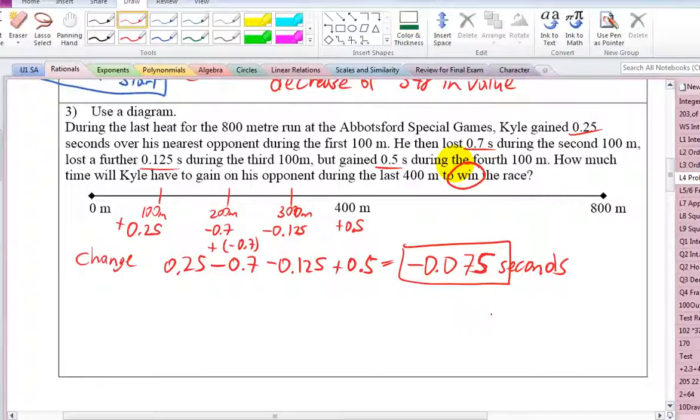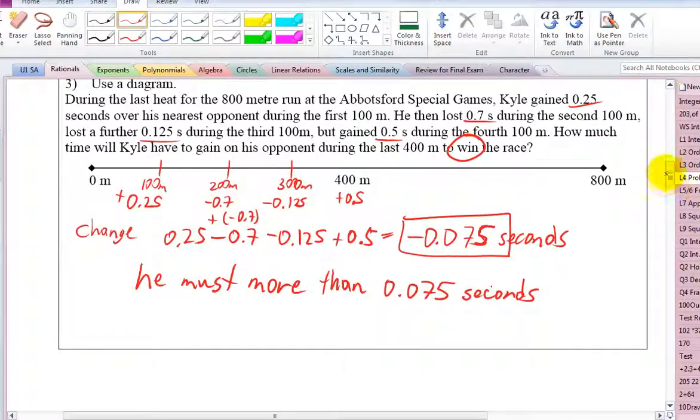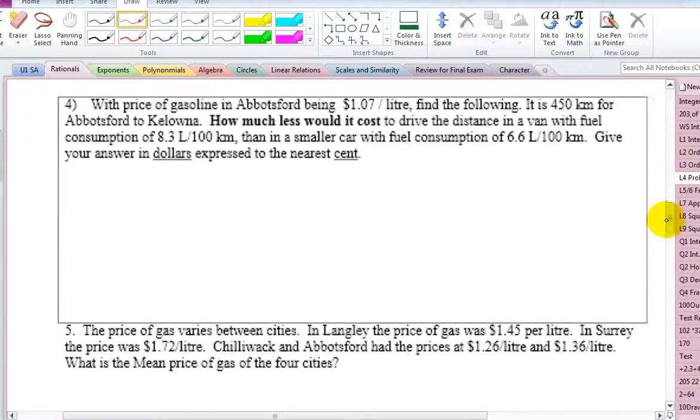More than. Okay? So he must gain more than. Which means it can be super duper close, but just a tiny bit more than 0.075 seconds. More than is a very powerful word, right? Whole range of answers, just had a little bit bigger and he wins. Any questions? Okay, turn it over.